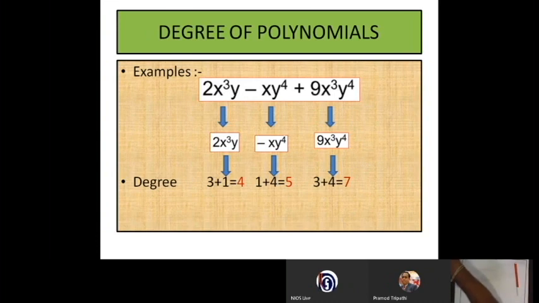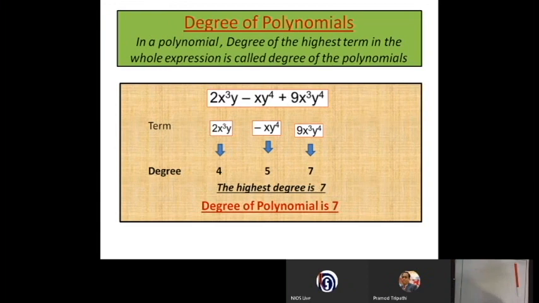Now we move to the degree of the polynomial. We have learned earlier the degree of a term; now we are taking the degree of a polynomial. In a polynomial, it is the degree of the highest term in the whole expression.